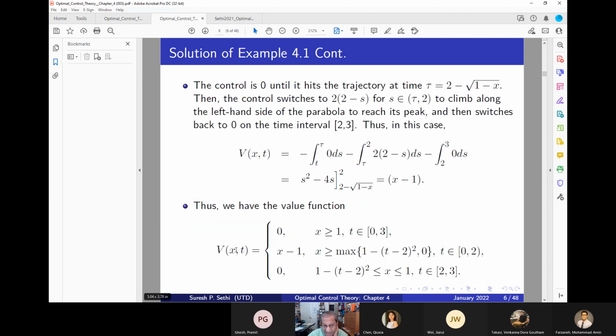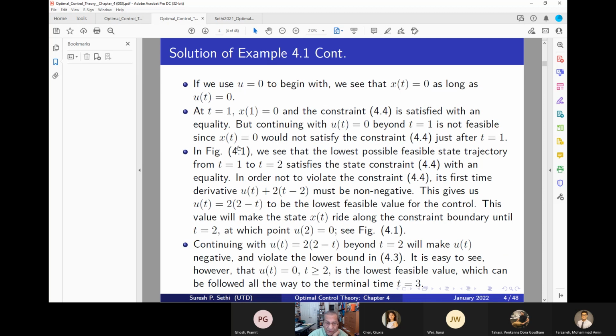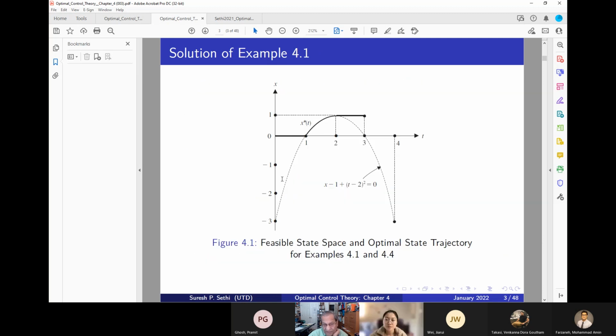Remember, V(x,t) is a dynamic programming value function. So if I begin with x and go to the other side, I need those values also. But if I take x bigger than or equal to 0, I will never go below x equal to 0. And so I don't need the value functions below x equal to 0 for my dynamic programming equation.